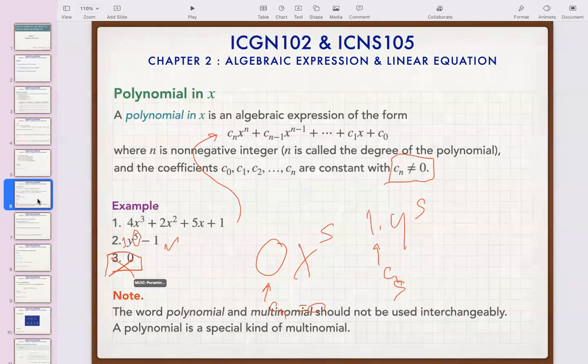Okay. So the words polynomial and multinomial shouldn't be used interchangeably, because for a polynomial, we need to be able to identify the degree of the polynomial, because you can organize the terms in order like this.